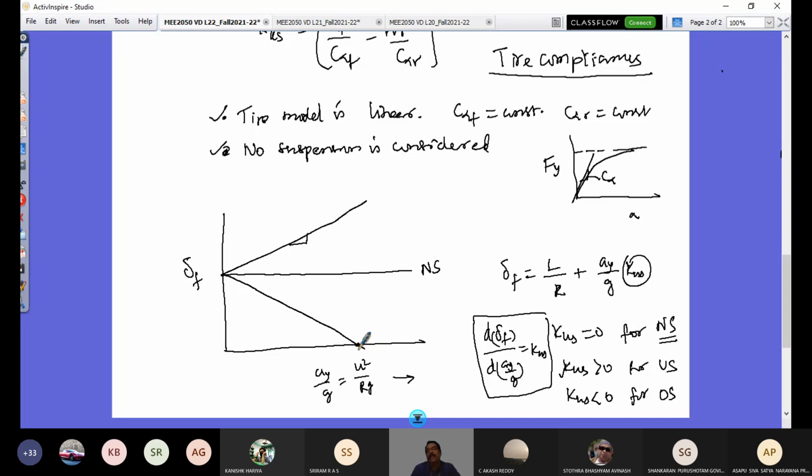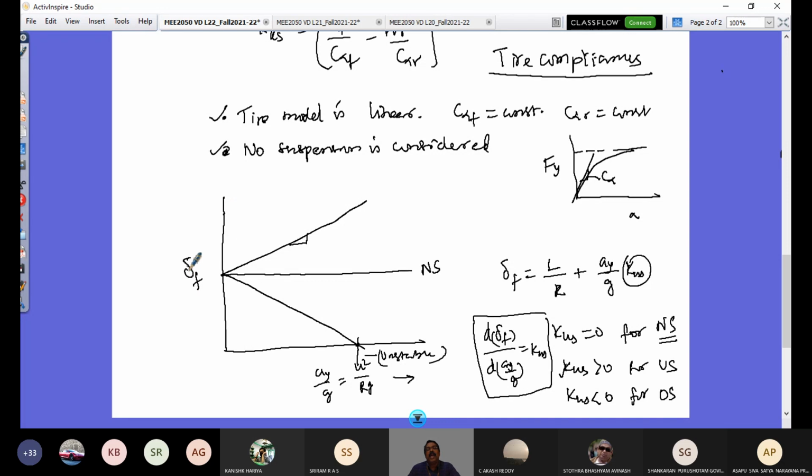And there is a point where it intersects, where the steering angle requirement has become 0 at that particular lateral acceleration. Anything beyond that lateral acceleration would have an unstable state here. The unstable state of your vehicle, or loss of steering control, would be pronounced at this critical lateral acceleration. And the speed corresponding to that value is what we call the critical speed of your vehicle, right? And so on. So this is what it would be.